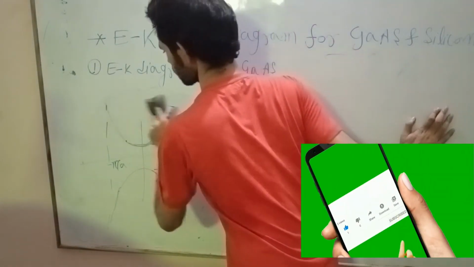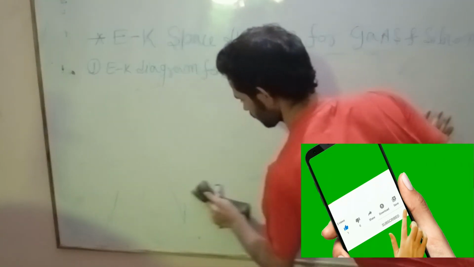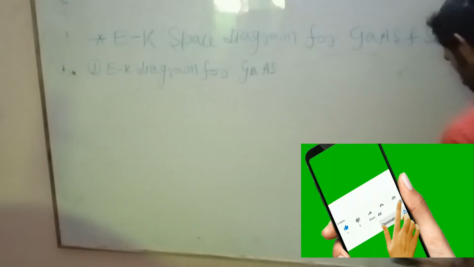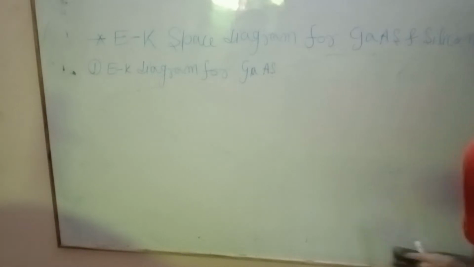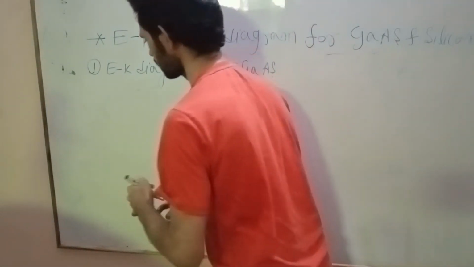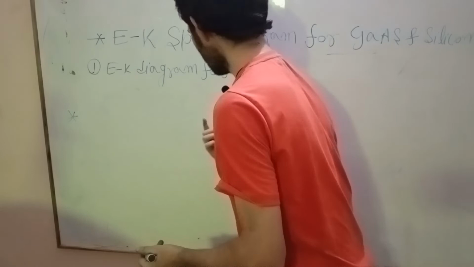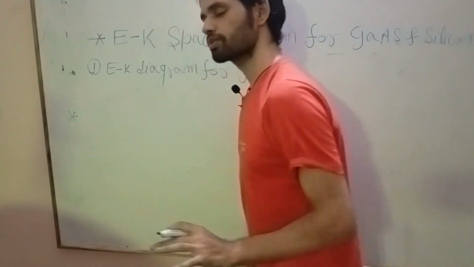Now see what we are going to observe here. In the case of gallium arsenide, which is a compound semiconductor, we have also seen that they have direct nature, meaning they are direct band gap semiconductor material.